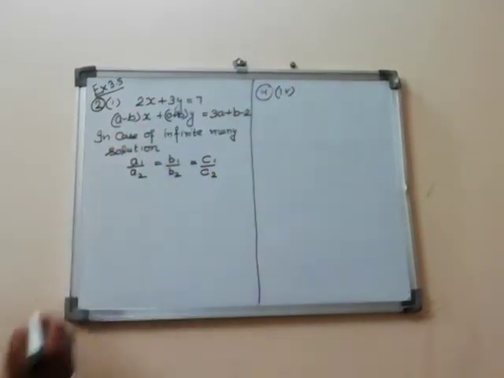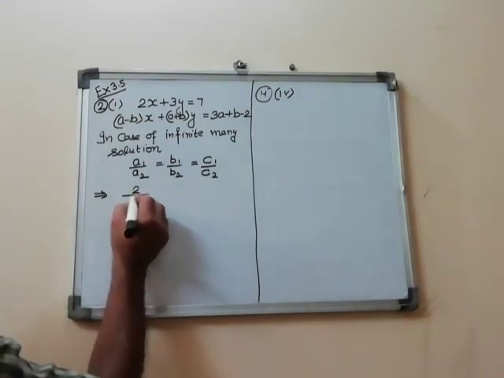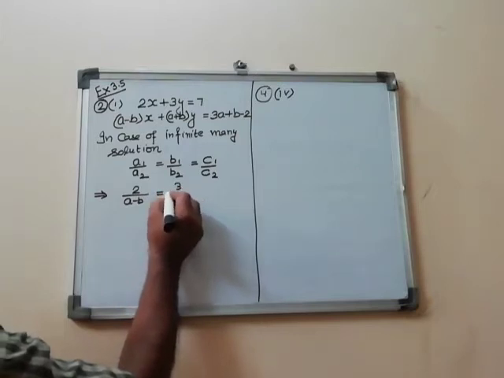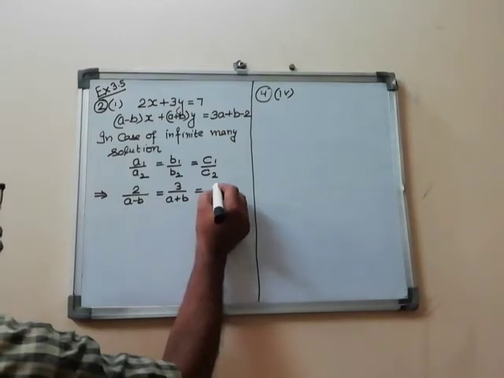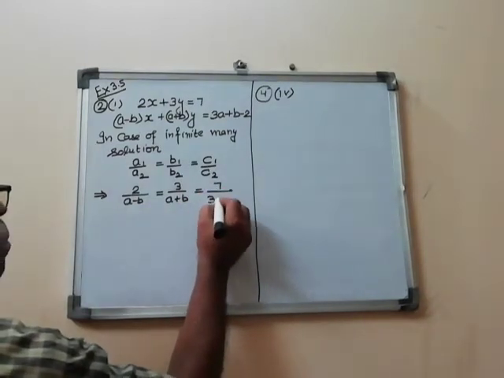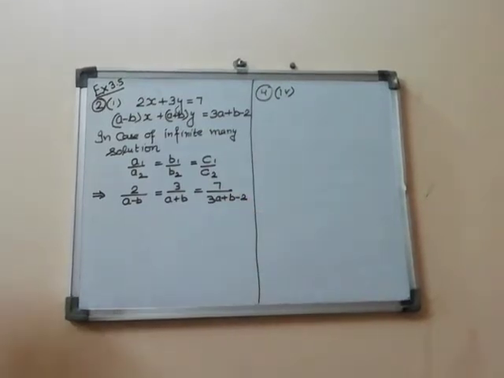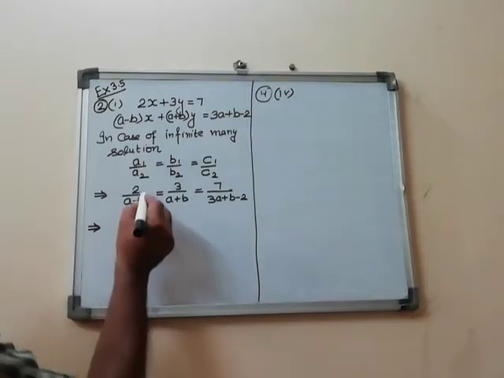So you can see that here 2 upon a minus b equal to 3 upon a plus b equal to 7 upon 3a plus b minus 2. Clear? So we have to find out the values of a and b.